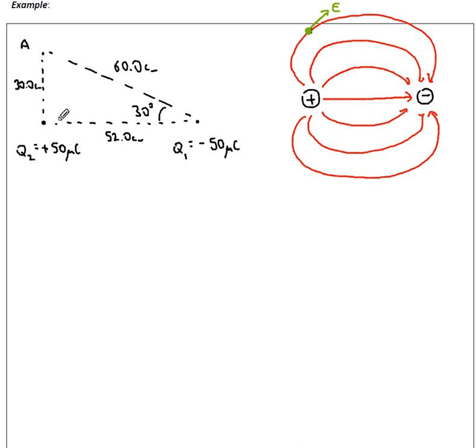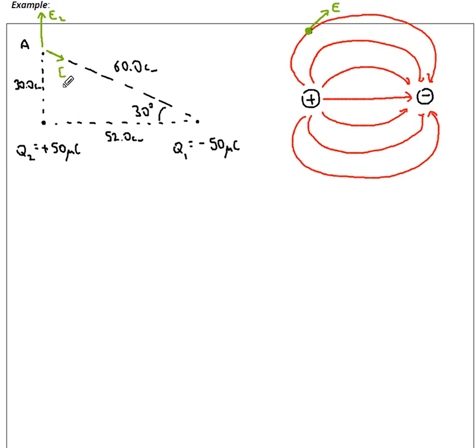If you look at our original diagram again, we know that a positive charge will result in an electric field away from it. So I'm going to draw an arrow away from the positive charge. Because that's Q2, I'm going to call that E2. However, we know electric field lines point towards a negative charge. So I'm going to draw an arrow like so. I'm going to call that E1.